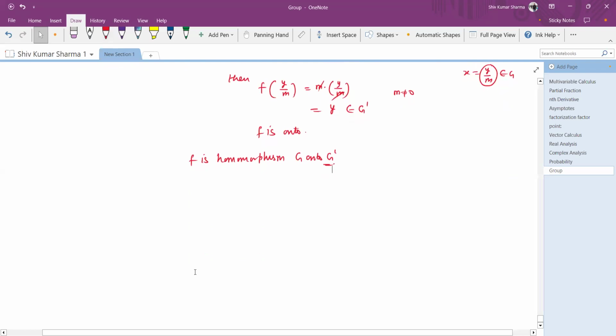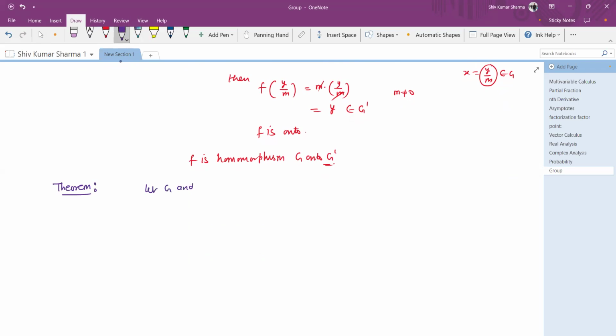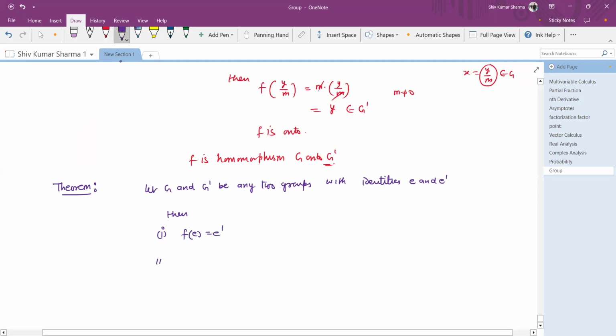Okay. Now we have a theorem related to that. Let G and G dash be any two groups with identities e and e dash. Then first we shall prove f of e is equal to e dash.